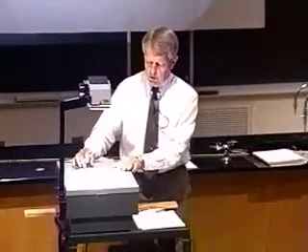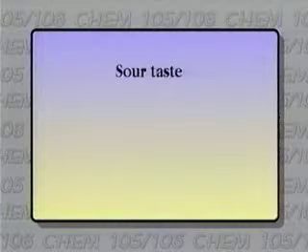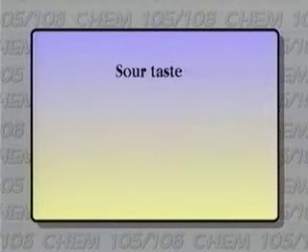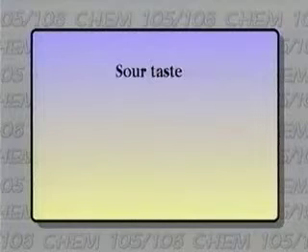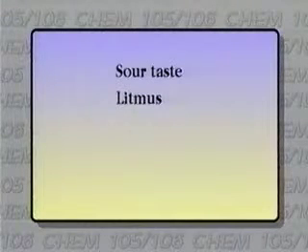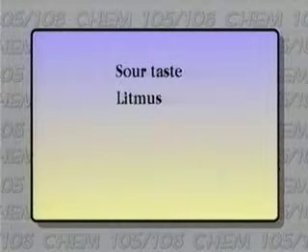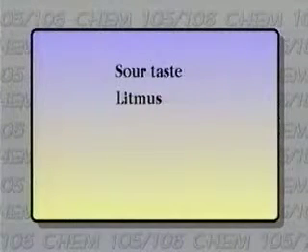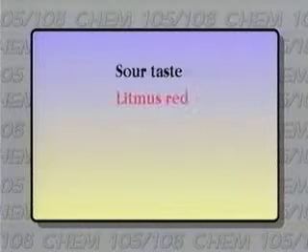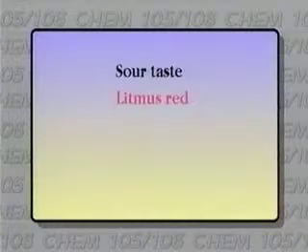Well, in some of their work, some of the early chemists noticed that there were chemicals that, when dissolved in water, had some characteristics that were similar. They had a sour taste. They would turn litmus red. Litmus is a natural dye, a pigment from the litmus plant, and it will be red when placed in this kind of solution.